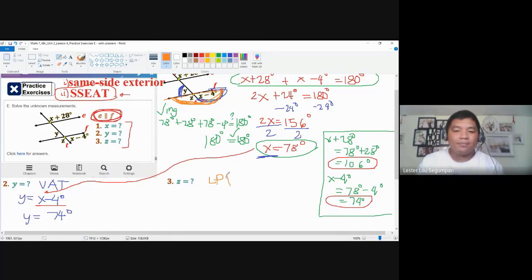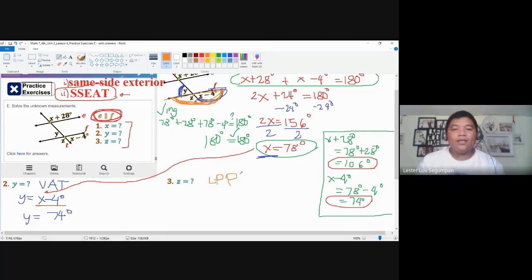And by the linear pair postulate, we could add their measurements and equate to 180 degrees, because the linear pair postulate tells us that angles forming a linear pair are supplementary or sum up to 180 degrees. Again, let's differentiate, okay? Vertical angles are congruent, that's part of lesson number 2. Angles forming a linear pair are supplementary, also part of lesson number 2.